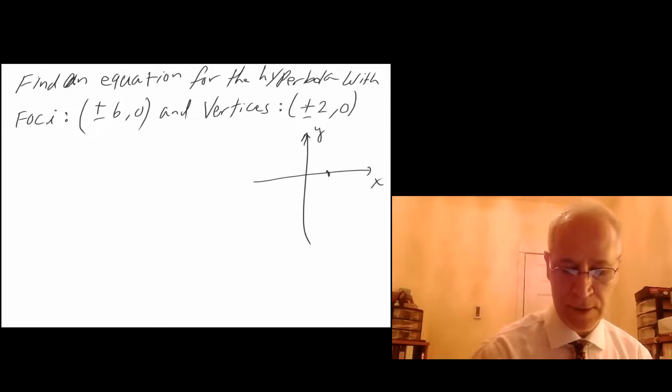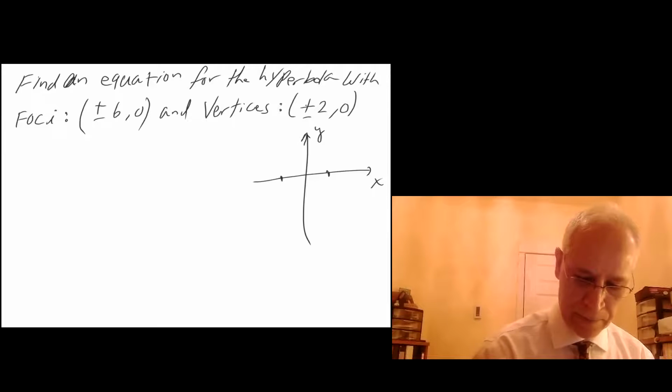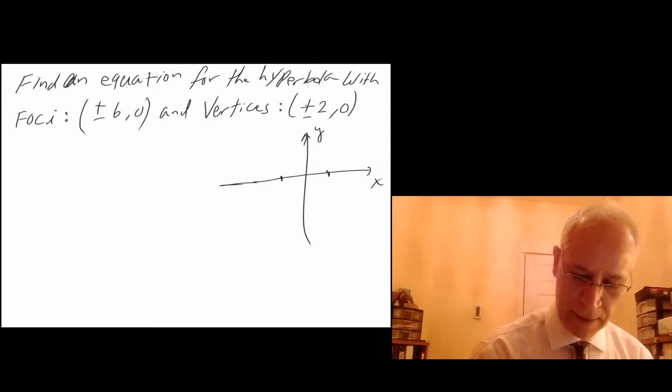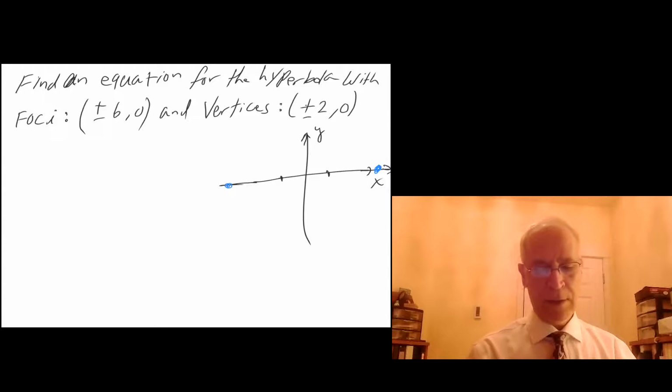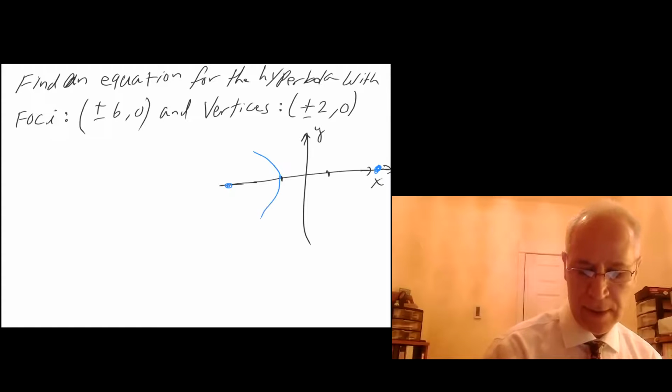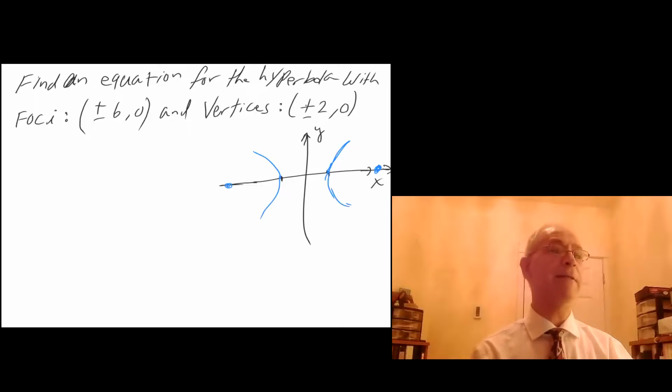So let's say 2 is here and negative 2 is here, and the foci are at 6 and negative 6, somewhere in here and somewhere in here, roughly. So my hyperbola is going to be looking like this. The general shape is going to be looking like that.